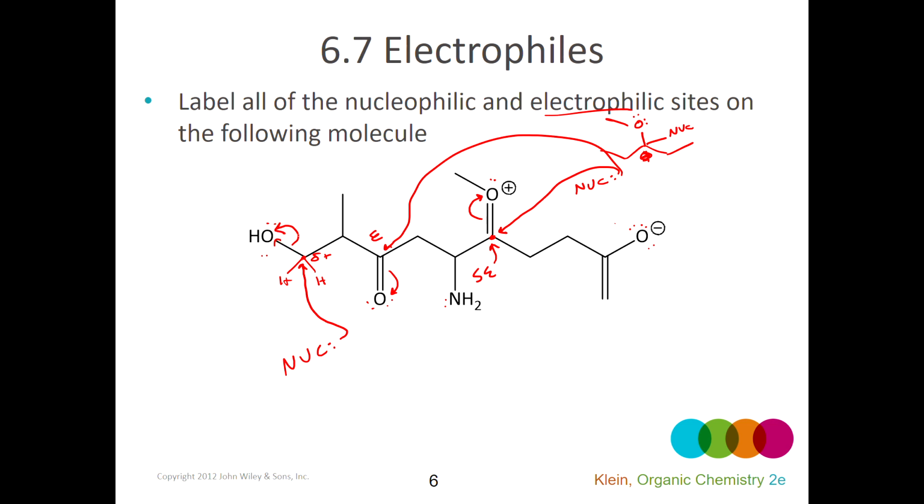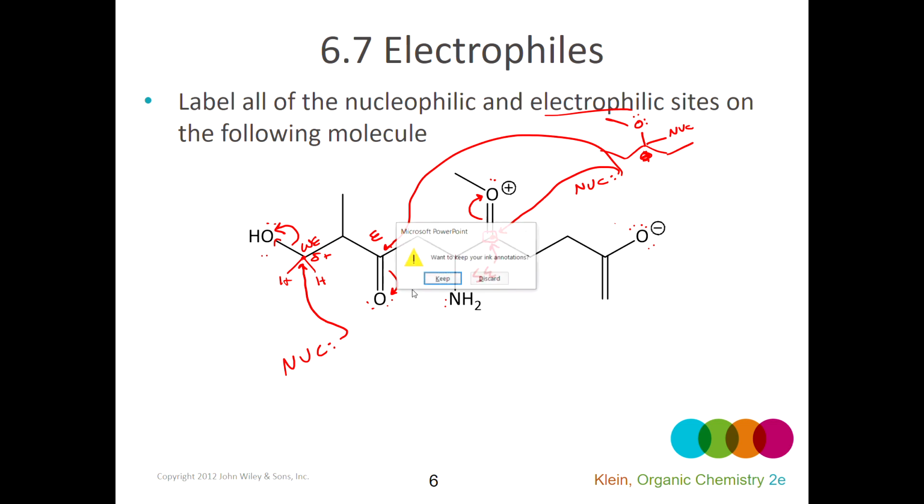But if the oxygen pulls these away to make room for the new bond to come in, it's going to create a full formal negative on the oxygen, which is pretty unstable. So we could call this a weakly electrophilic site, but especially if it's on a structure with other sites that are more electrophilic, it's not going to be a reactive site. Typically, we would only react one site on a molecule at a time.